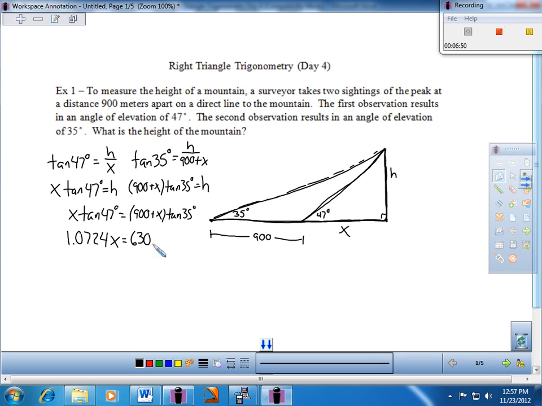And again, you can play this with me or you can do it on your own. It is totally your call. But that would be tangent of 35 times 900, and this would be tangent of 35 times x. Okay. Now, again, the numbers are really atrocious here, but this is basically just an Algebra 1 equation. I'm going to go ahead and bring this x term over to the other side, so I'm going to subtract it on over. So I'm going to keep the 630, etc., right over here.